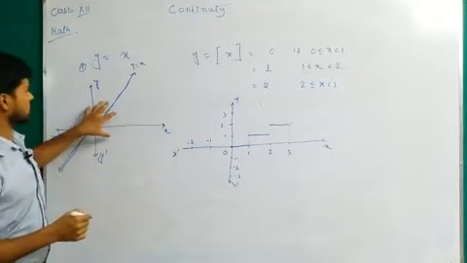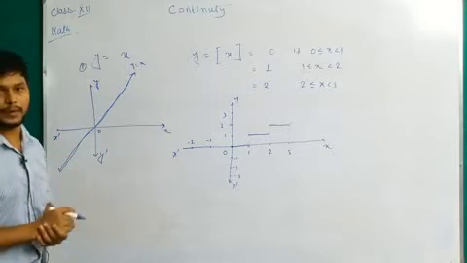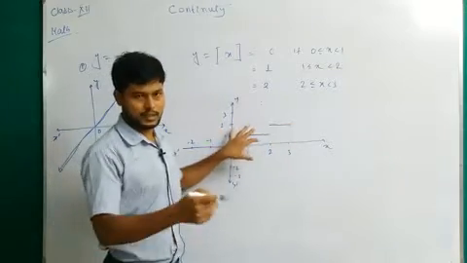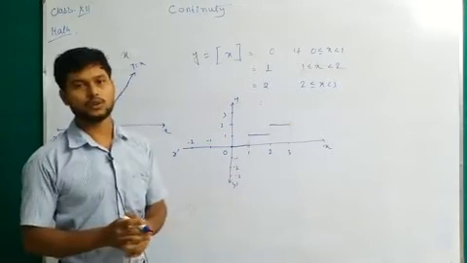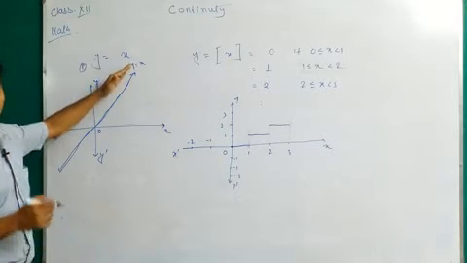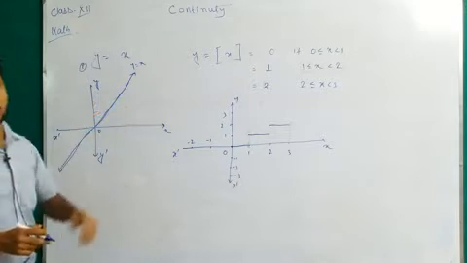So if we can draw a graph in one stroke, without removing the pen, this type of graph is called a continuous graph.